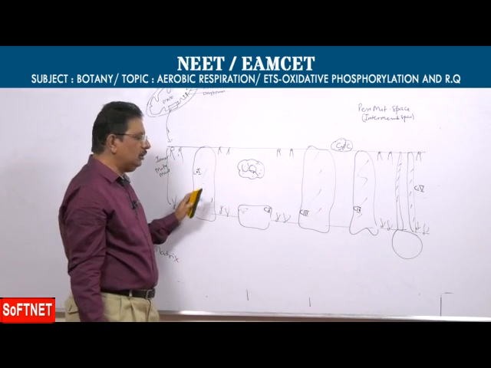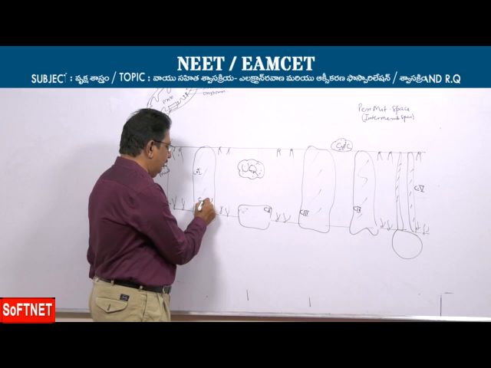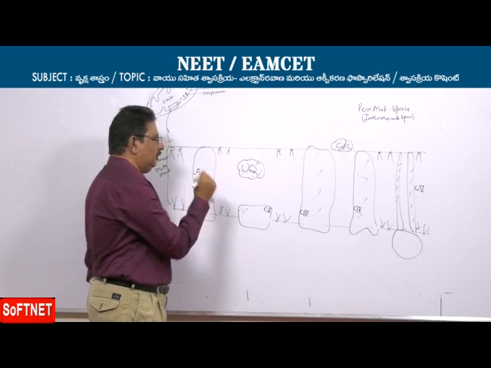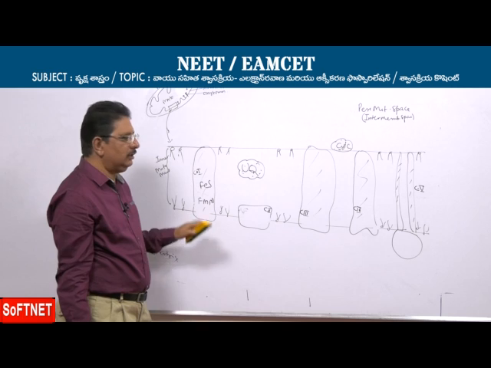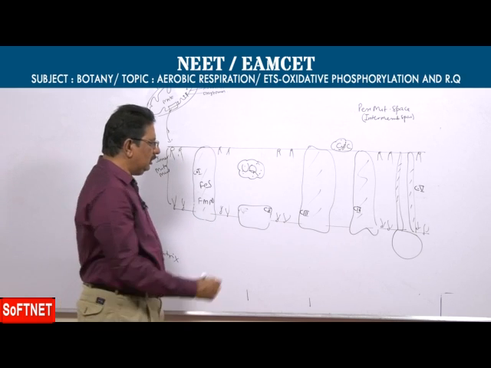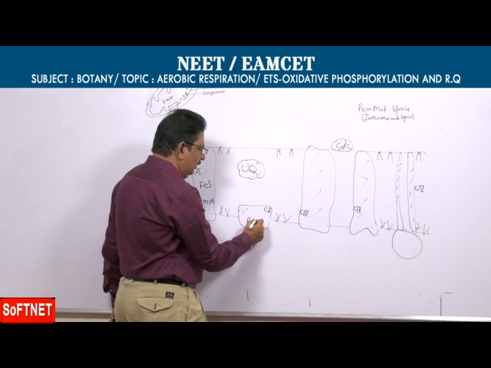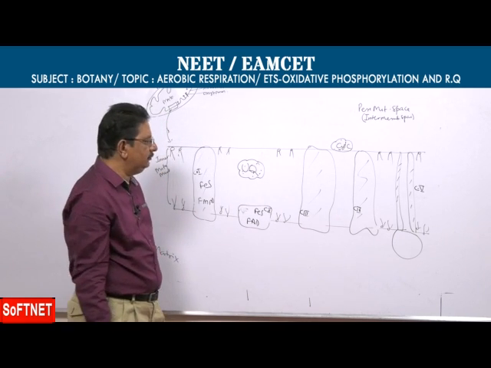So, complex 1 is composed of several components like FMN and a few iron sulfur centers. Complex 2 comprises FAD and iron sulfur components.